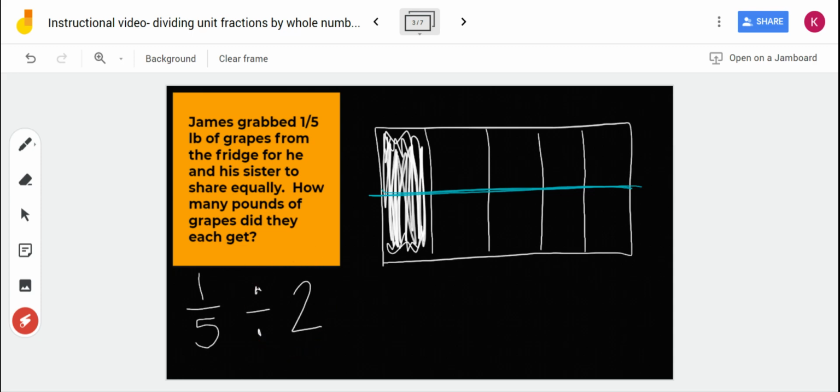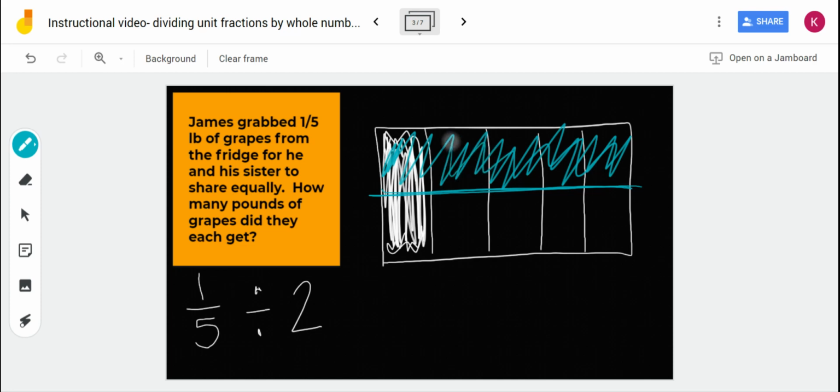But here, I still did not answer my question, because my question says, how many pounds of grapes did they each get? Well, I don't have an answer yet. I started to draw my blue line to show the 2 parts, but how much is each person going to get? So now I've got to take my color and show that this is one of those 2 parts up here. Okay, so now where in the world is my answer coming from?